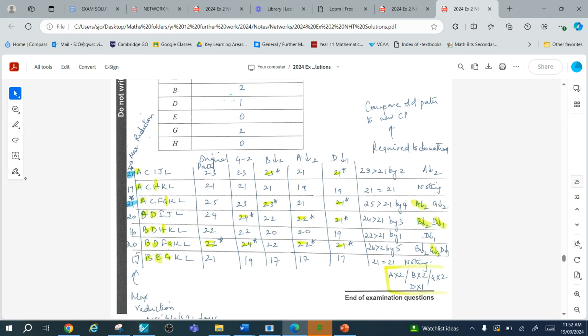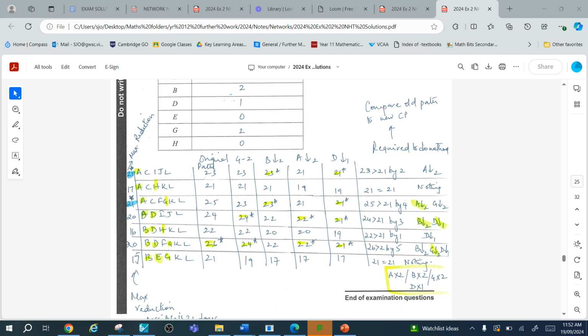Now, once I calculate the original path duration, I find that 26 is the critical path, which is the largest value.